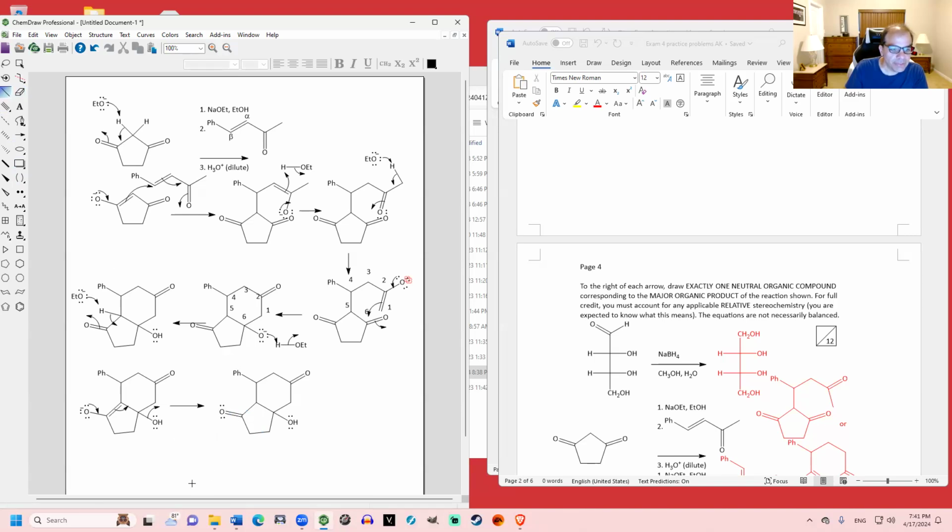Like that. Oops, I forgot to lose the OH. And put in the double bond. There we go. So I think a dehydration would happen quite readily because you get a tetrasubstituted double bond. And the H3O plus is just to neutralize the base.